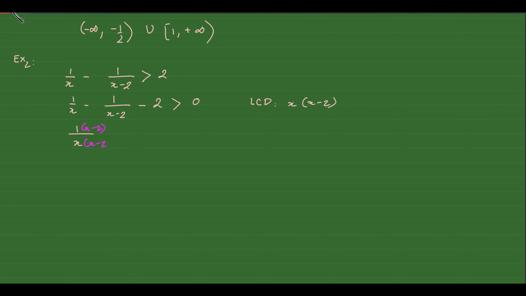Right. Okay. Then over here you are missing the x, so I multiply the top and the bottom by x. Okay. And over here you are missing both x and x minus 2, so I'm going to multiply the top by x minus 2.